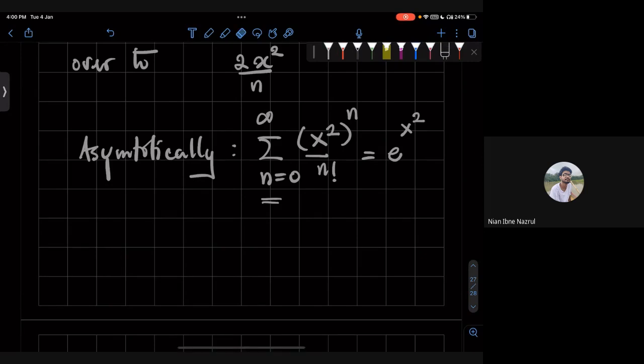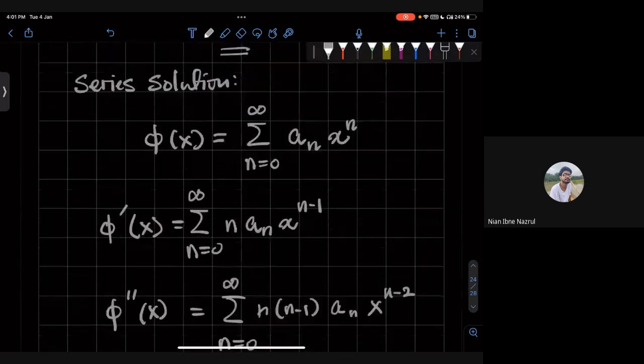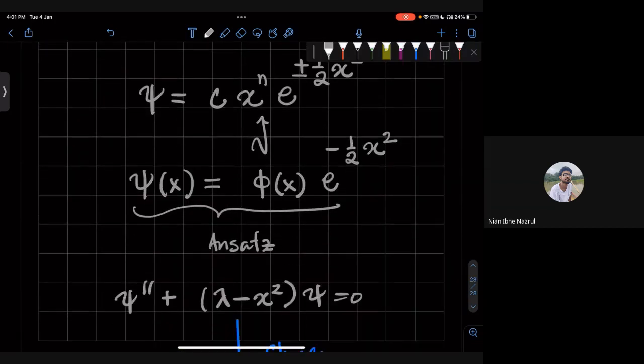So remember the full solution. The full solution had phi of x and then e to the power minus half x squared, right? Remember that? Let's go back to the full solution. Minus half x squared. So this is the full solution.